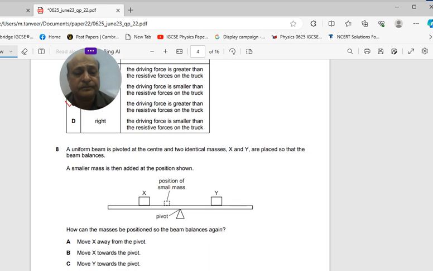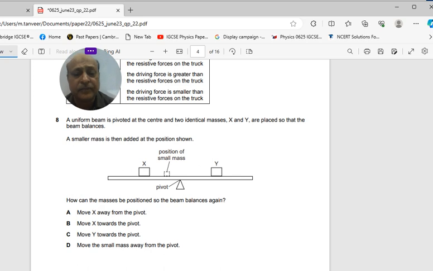Next question. A uniform beam is pivoted at its center. Two identical masses X and Y are placed so that the beam balances. A smaller mass is then added at the position shown. First, this beam is balanced. Balanced means clockwise torque equals anticlockwise torque. Moment of force is also called torque.